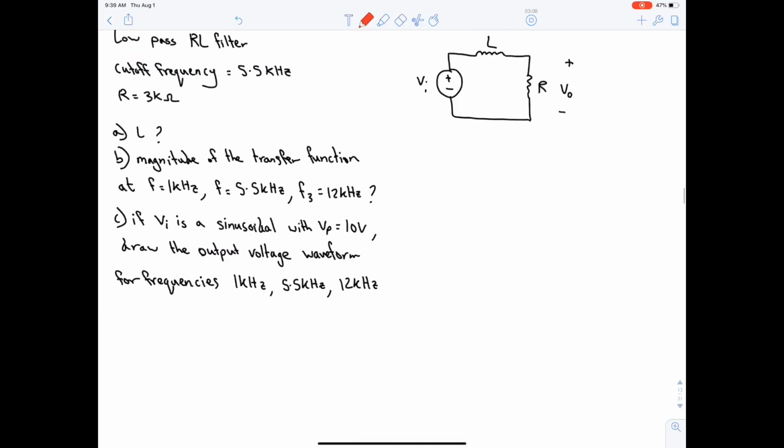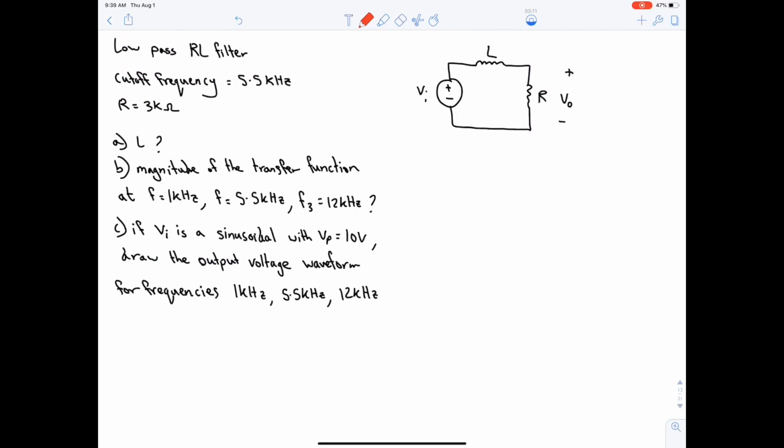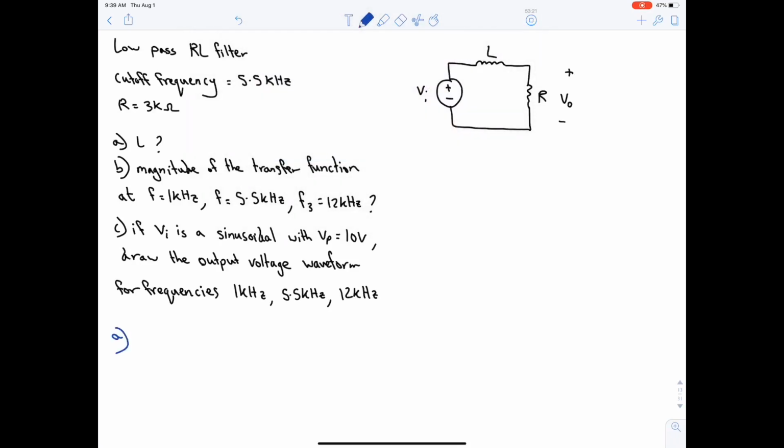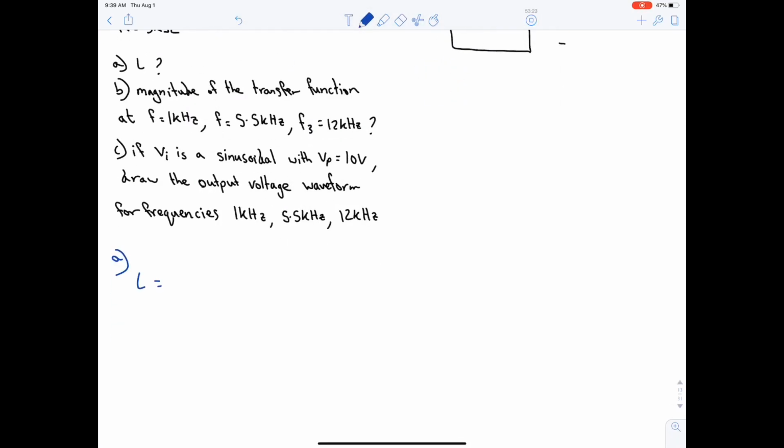next, low pass RL filter. We have the cutoff frequency and R, and we need to find L. We said L can be found through the cutoff frequency equation.